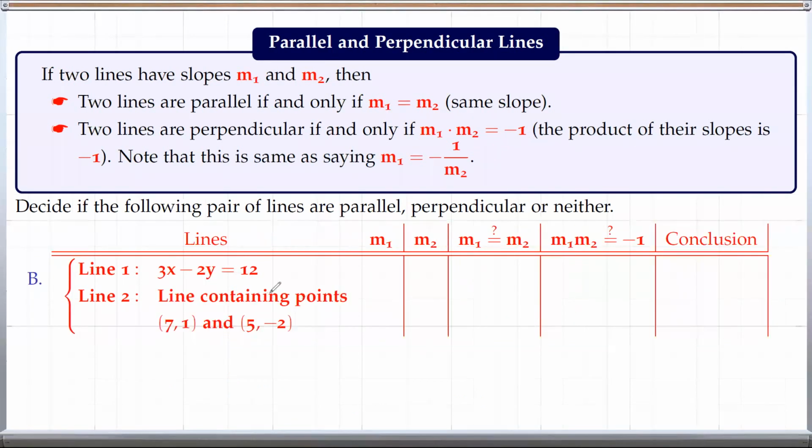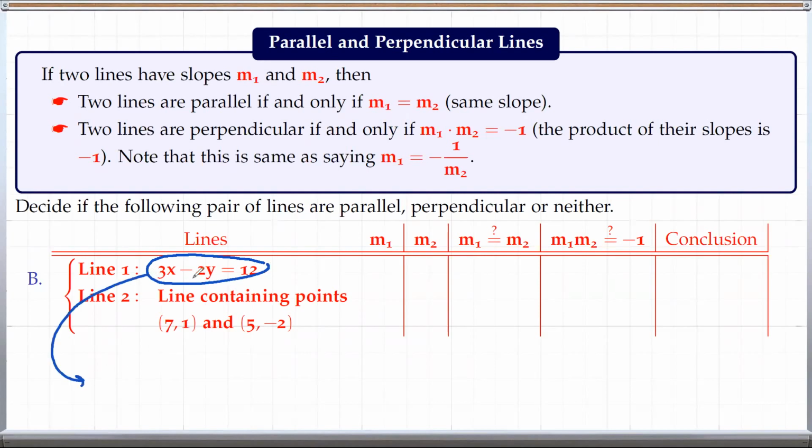So here we are given these two lines, 3x minus 2y equals 12, and the line containing the points 7, 1 and 5, -2. So in both cases, we want to look at the slopes. So to find M1, we need to look at the slope of this line. So let's quickly do that.